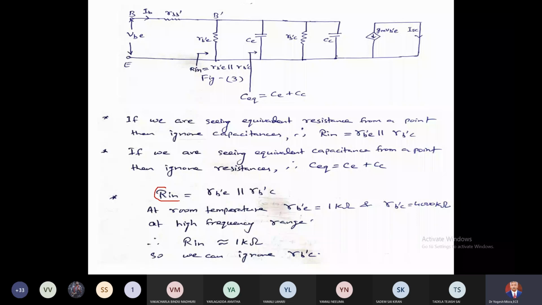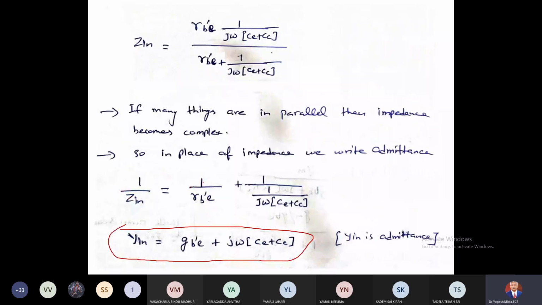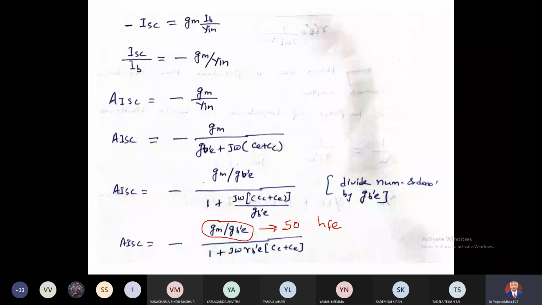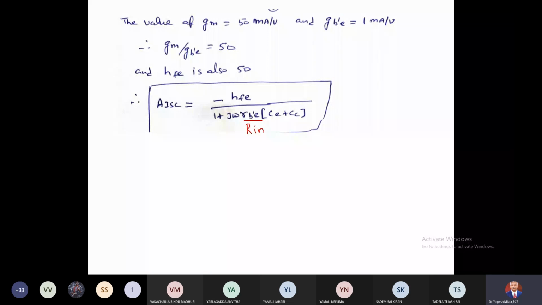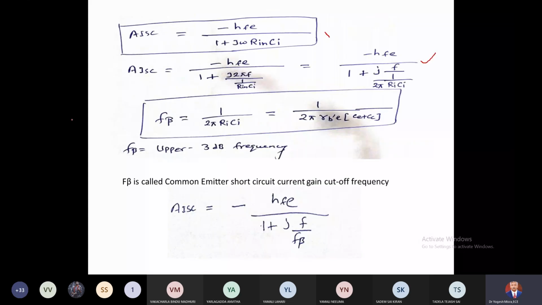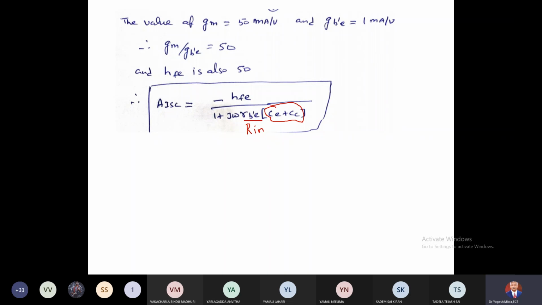But since Rb'c is very small, Rin will be your Rb'e, right? So the same thing I have written there in terms of Rb'e. Rb'e I have written as Rin, right? So here this is Rin and this Ci. Ci is the equivalent capacitance. Two capacitances are there in parallel, Ce and Cc. So that sum is written as Ci or Cin, right?